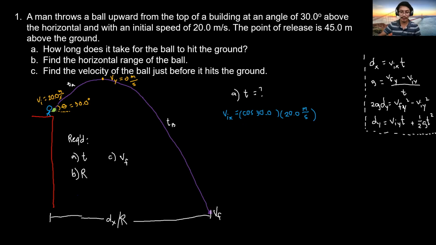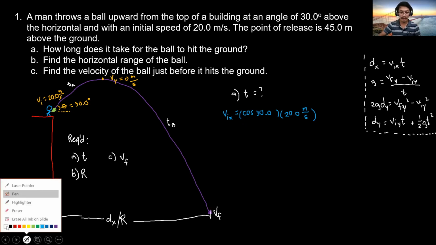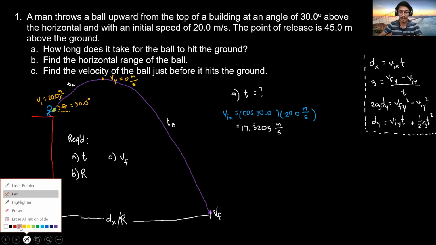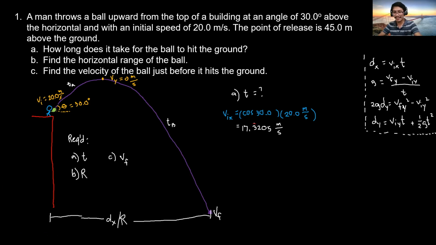So that is 17.32 meters per second. How many significant figures do we need? We need 3 significant figures. So just take note of that; we will not round off yet, because that is not our final answer. Just note that it should only be 3 significant figures.